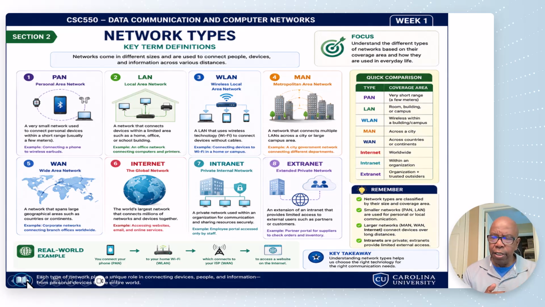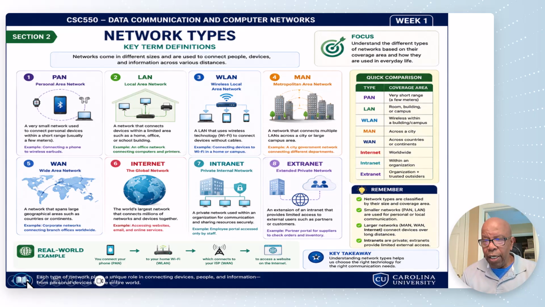Also, I don't know if you've seen this before, some cities actually build a metropolitan area network for their city, so that if you're in the city, you can connect to it and use it as a resource. No matter where you are in the city, you'll have a network that you can punch into in order to send and receive information.